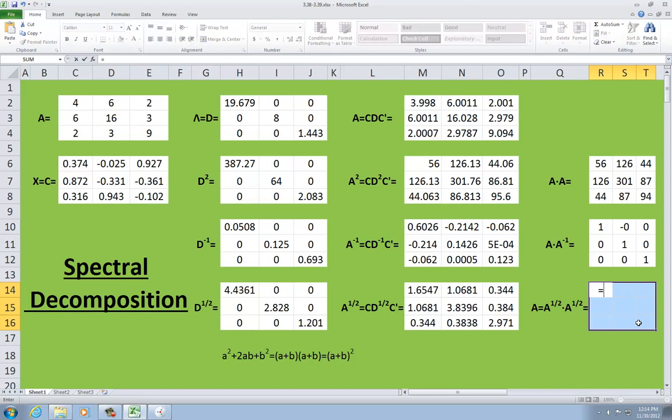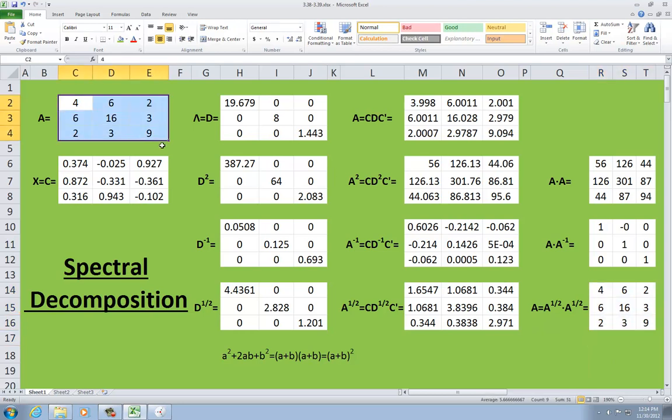We're going to do matrix multiplication and do the square root of A times itself. And in fact, we do get A. So there you go, that's spectral decomposition. Once again, the values that we found for the square root of matrix A are right here. The first value being 1.6547.